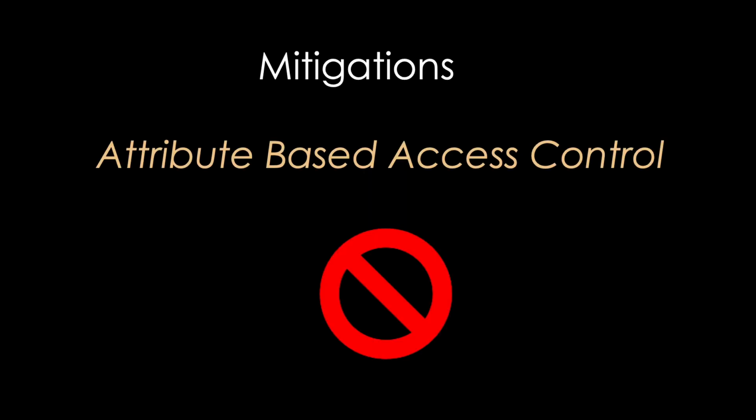An important mitigation tactic is called attribute-based access control, which is basically a continuation of role-based access control. Role-based access control says, okay, you're in this role, therefore you have these permissions, you have these authentications. Now, attribute-based access control takes into account more attributes, right?